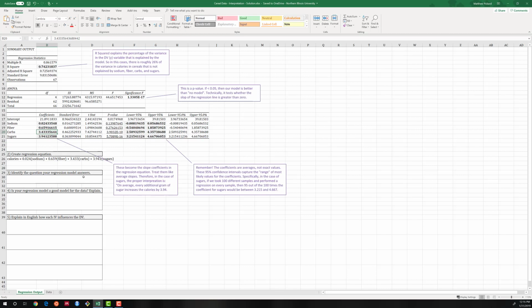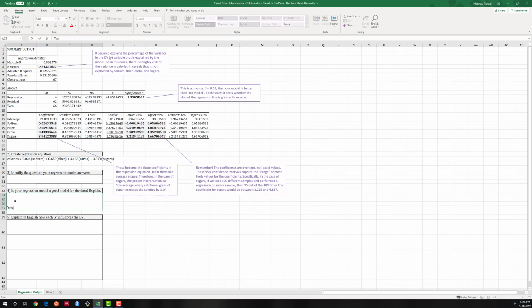So just to review, let's go ahead and answer these questions. We're going to skip the question that our regression model answers right now. But let's answer, is your regression model a good model for the data? This is a question of how well our model fits. If you remember, the measure that tells us how well our model fits is our R-squared.